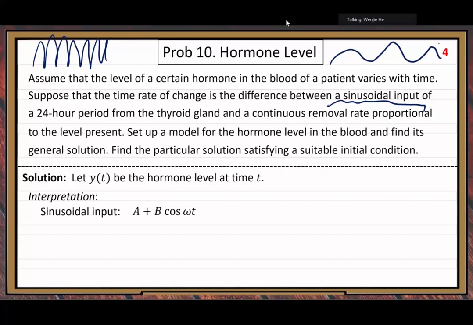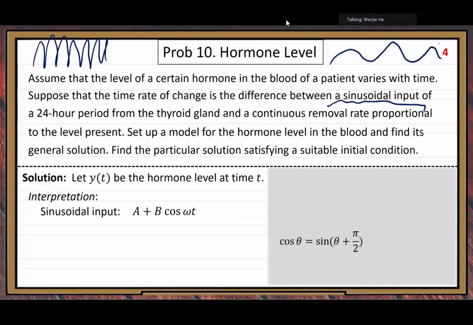Then omega adjusts the frequency; larger or smaller, you can change the frequency. So that's our understanding of this input.